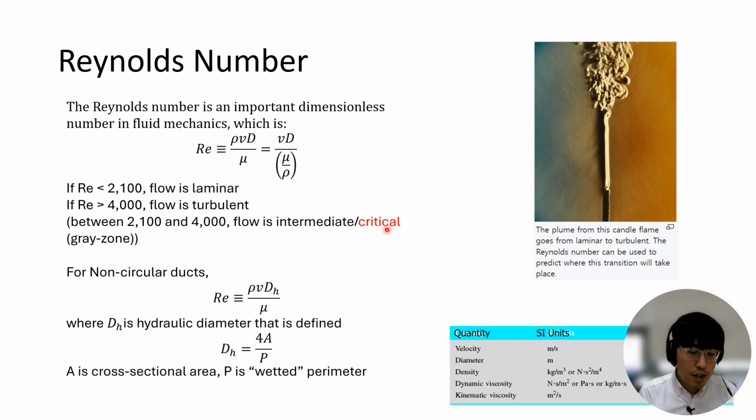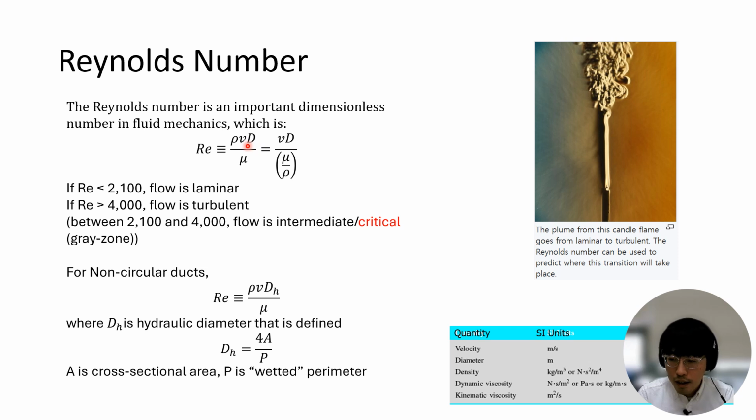In that range of the Reynolds number, it's challenging to tell whether it's laminar or turbulent, so it's somewhere between these two. When the Reynolds number is in between, it's very challenging to say the exact pattern of the flow.